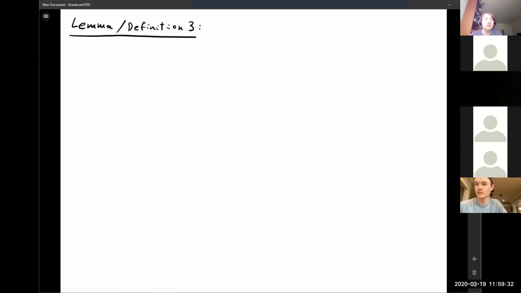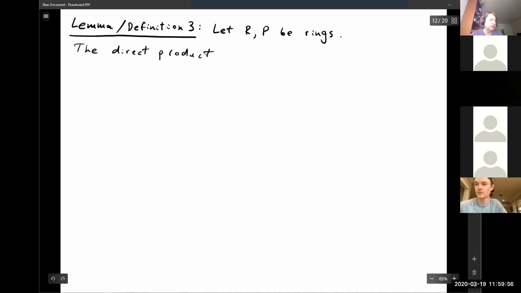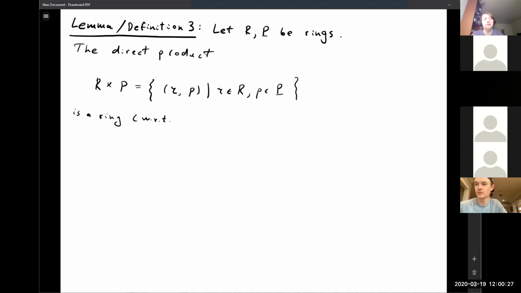So let R and P be rings. Then the direct product, which as a set, again, is just a collection of ordered pairs, small r and small p, with small r in R and small p in P, is a ring with respect to the component-wise addition and multiplication.